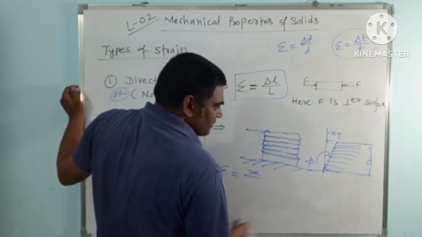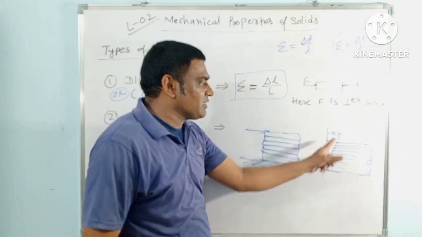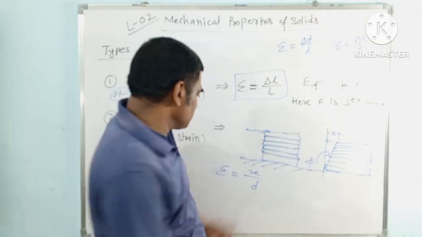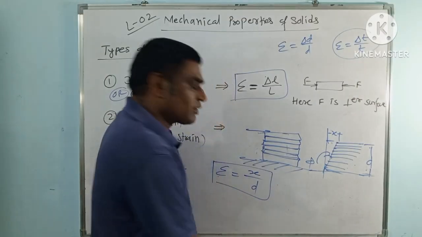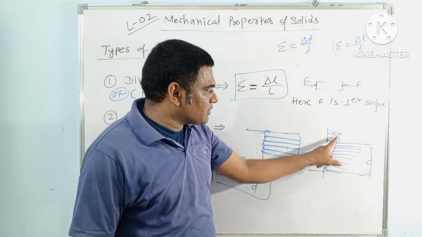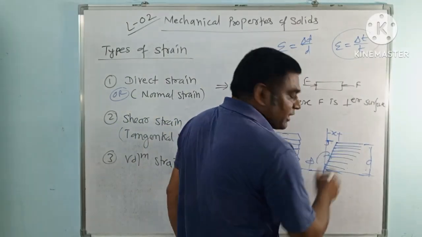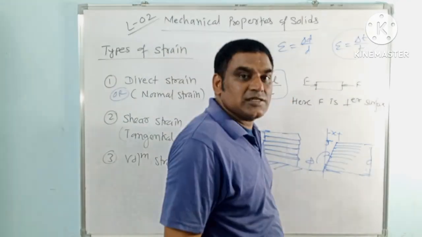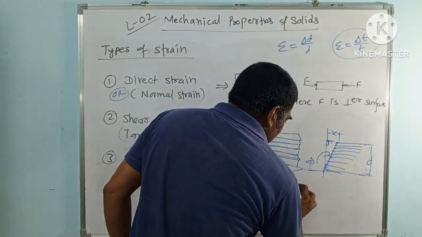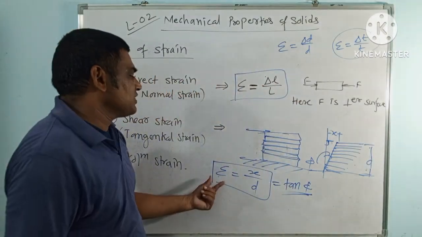This much is the change in displacement of the top layer, and d is the total height. Now X by d means what? This is the hypotenuse, this is 90 degree. Opposite by adjacent means tan theta. Phi you are saying, na? So tan phi, or if you are taking theta, tan theta, that's it. So this is your shear strain.